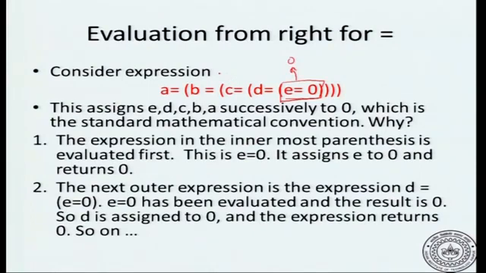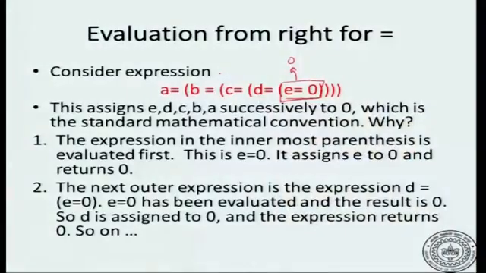So finally every variable here will be assigned the value 0. The reason for doing this is that if you try to do it in the opposite way, you will see that uninitialized variables are initialized to other uninitialized variables.